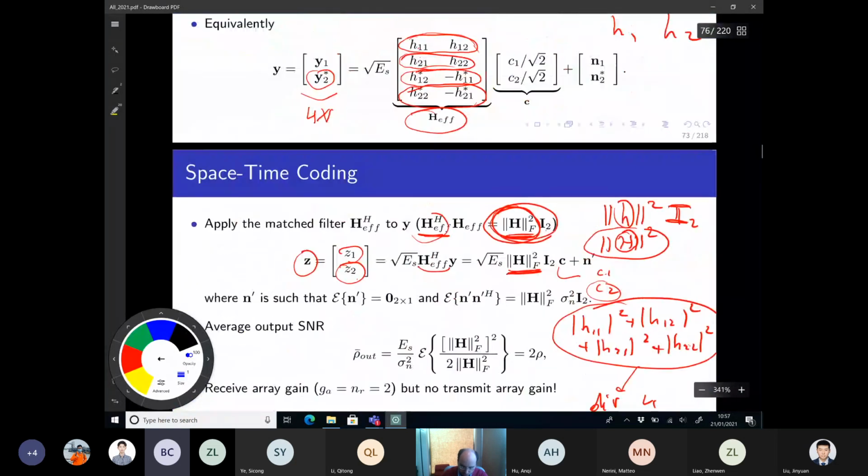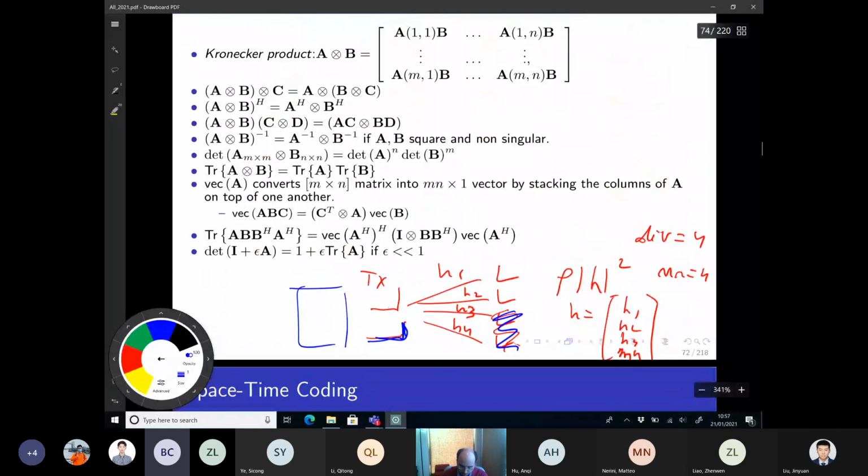Now this is useful because imagine you have a transmitter with a single transmit antenna, but then you need to have 4 receive antennas at the receiver to get a diversity gain of 4. Maybe in some systems it might be complicated to do that. So what you may want to do is balance the number of receive antennas and the number of transmit antennas.